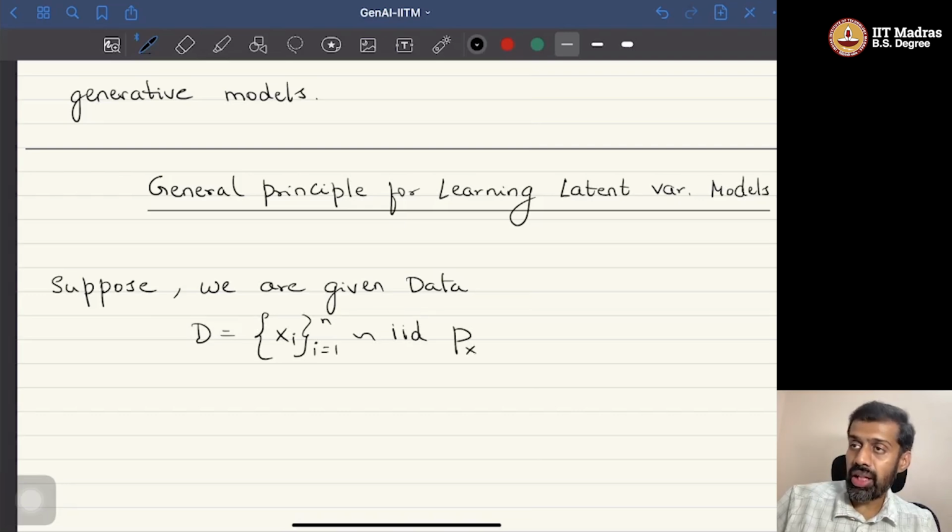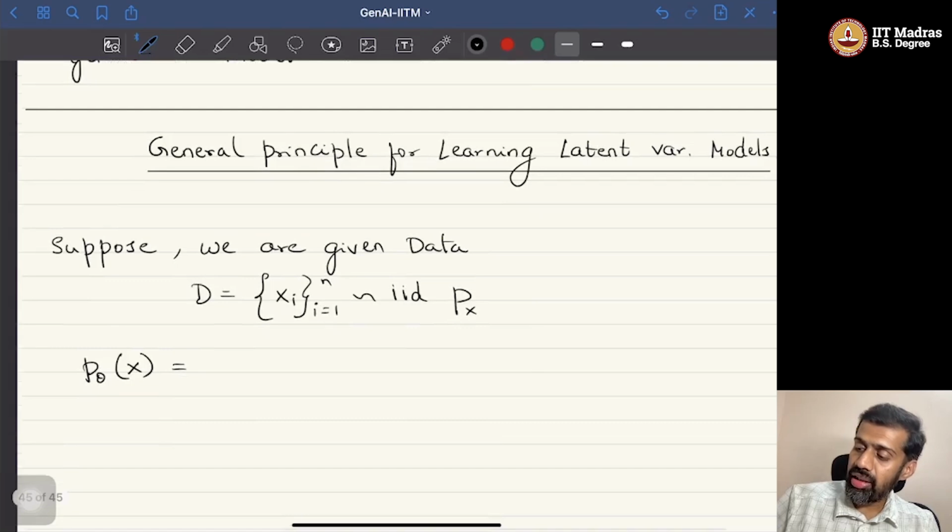Now, this is what we have. And we have P theta, a latent variable model. Let us assume that the latent variable Z is a continuous latent variable for ease of math. All the maths that we do is directly extendable to the case where the latent variables are discrete. But now I will assume that the latent variables are continuous and write down the definitions.